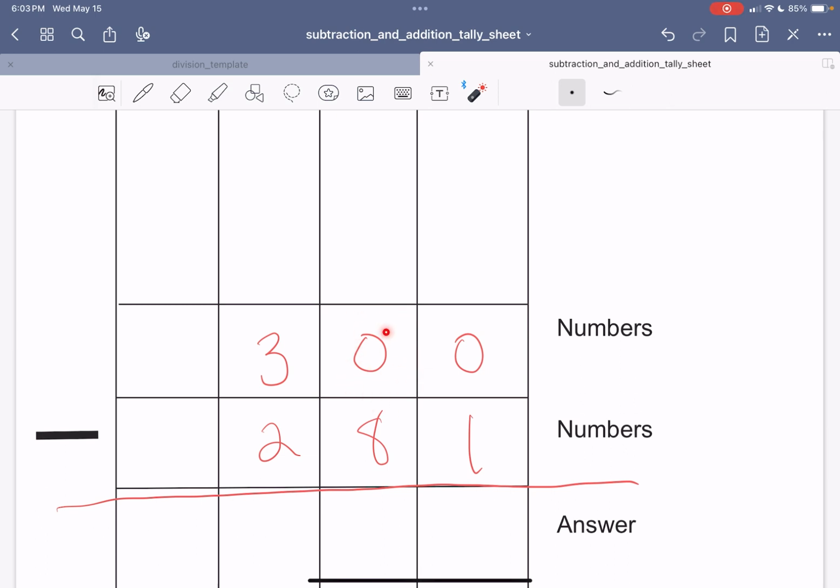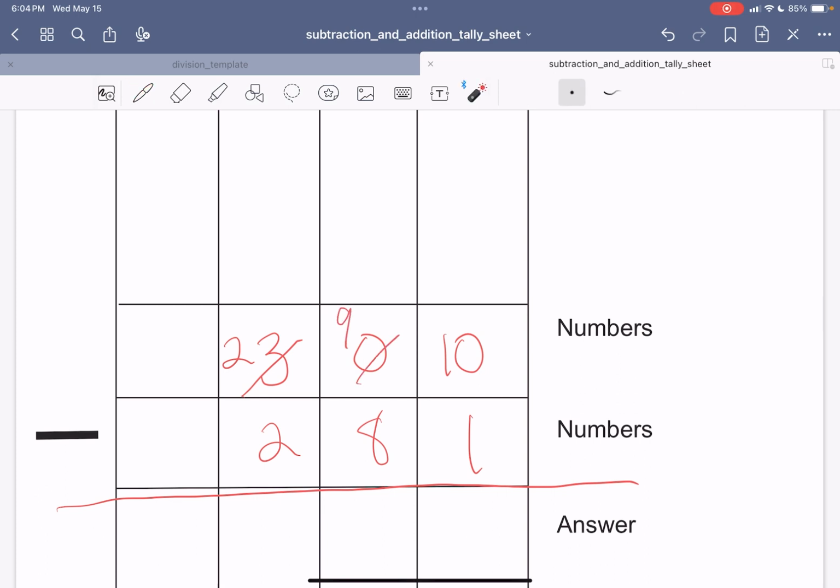So what are we going to borrow from? We're going to have to keep going until we reach a whole number. So the first whole number is 3. So I'm going to borrow from the 3. The 3 is going to become a 2. Now the rule is the last 0 is going to become a 10, and then the other 0 is going to become a 9.